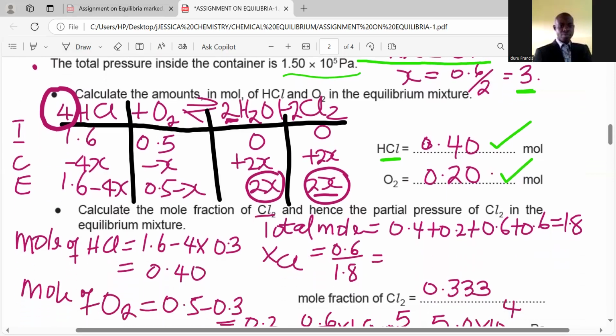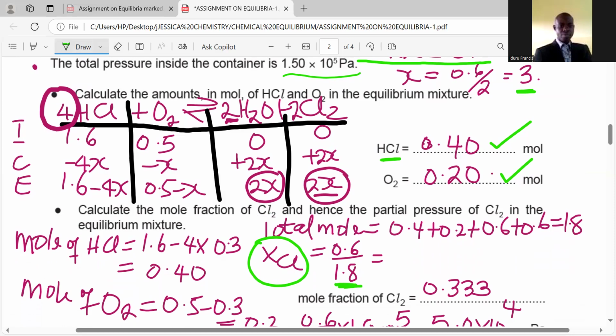Calculate the mole fraction of chlorine and then the partial pressure of chlorine. The mole fraction of chlorine here will be the mole of chlorine, 0.6, over total mole.